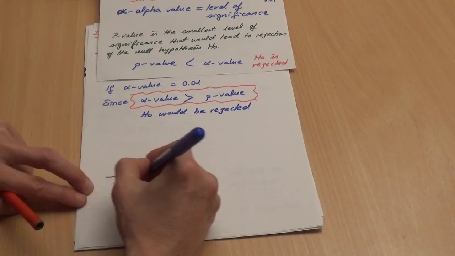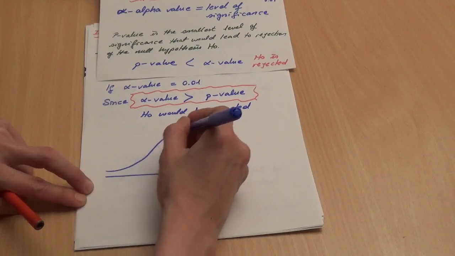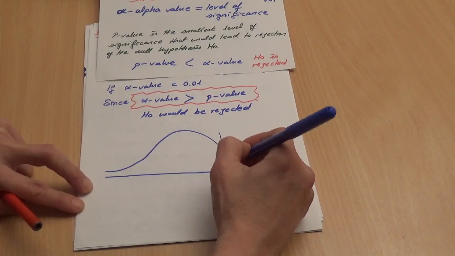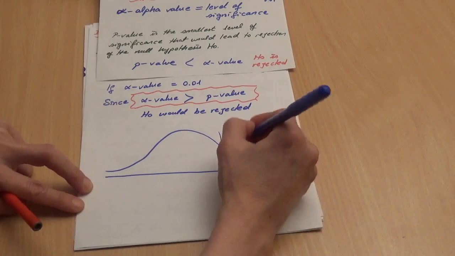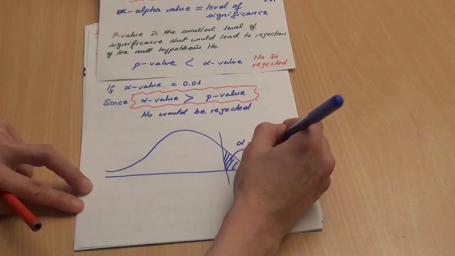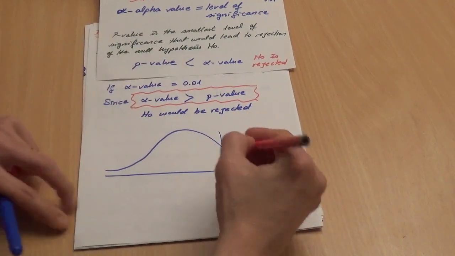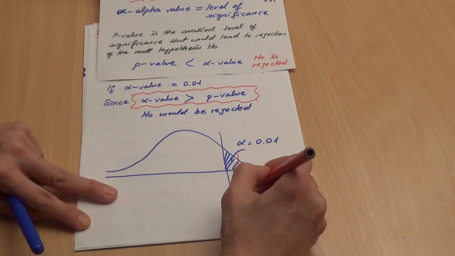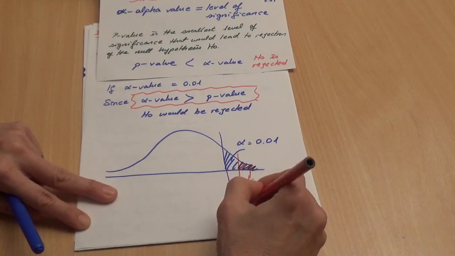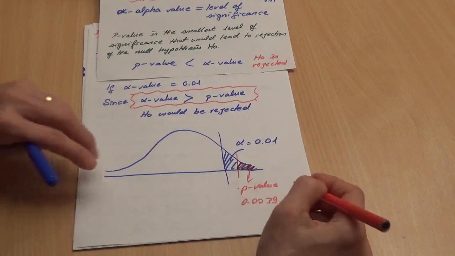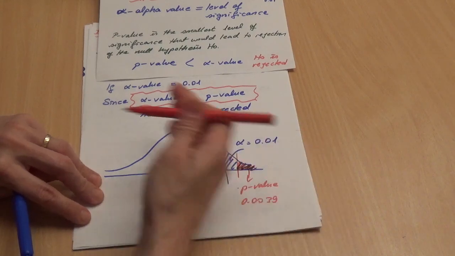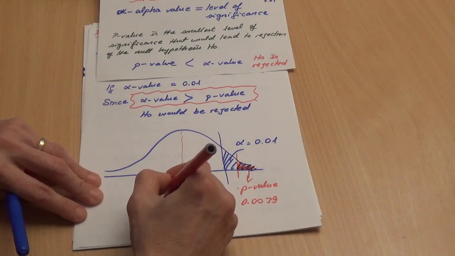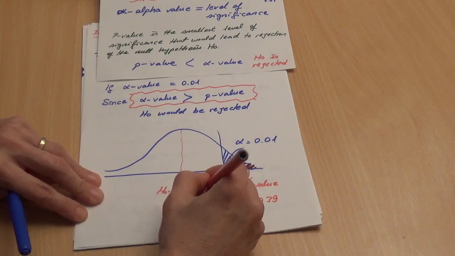Let's draw it again if you wish. So for this side, we said that alpha is equal to 0.01. And by calculation, we found that our p-value is 0.0039. So it is far away from the target, which says that mu is equal to mu 0.